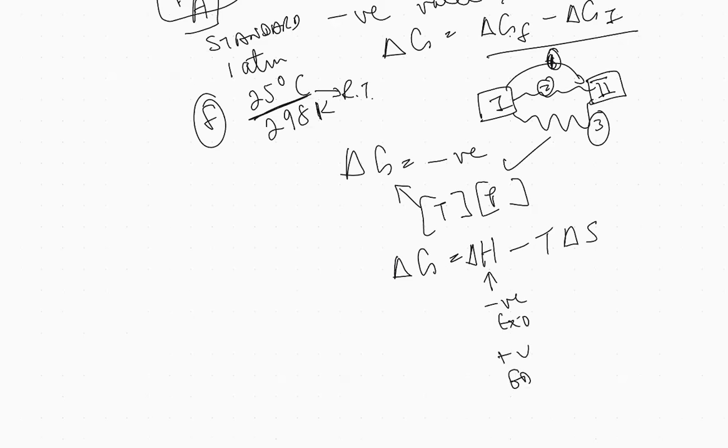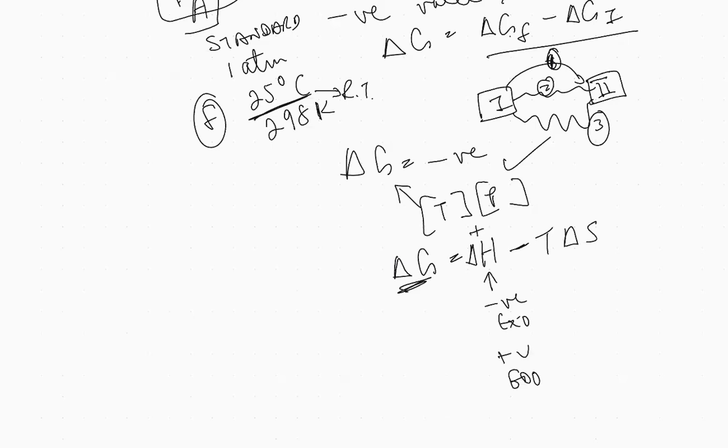Then normally delta S happens in a way to increase the entropy. Right? So you can see if I have a positive here and a negative here, the value I get depends on whether I have a larger positive and a smaller negative, in which case my value is going to be positive.